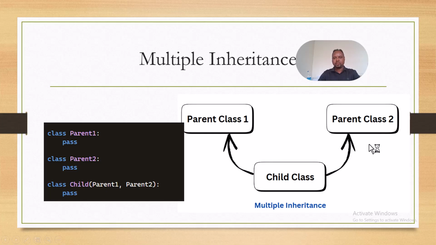The naming here is due to more than one parent class. From this code, we have parent 1 and parent 2 classes from which this child inherits.